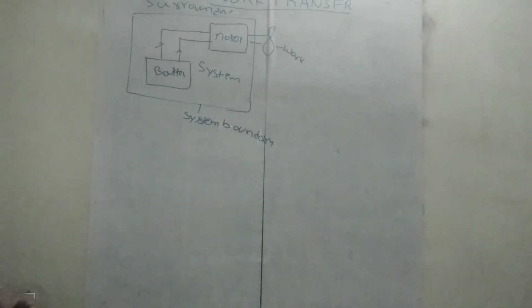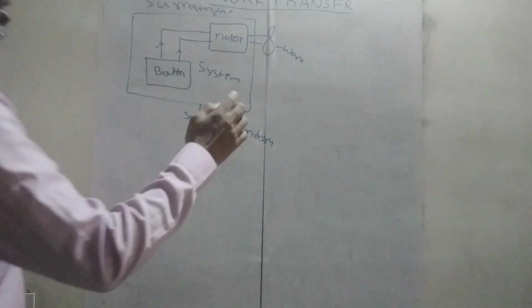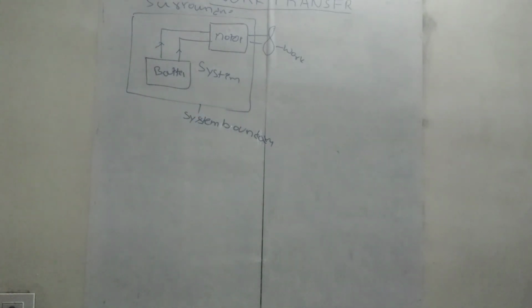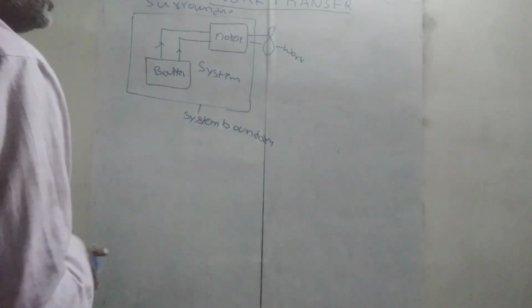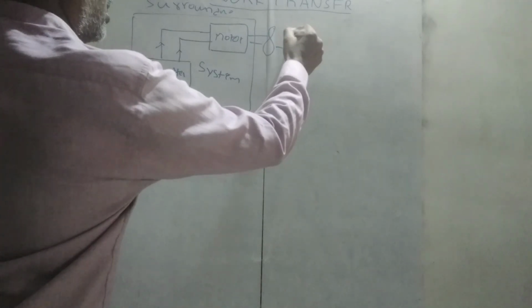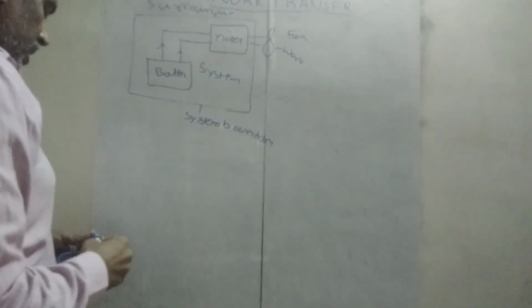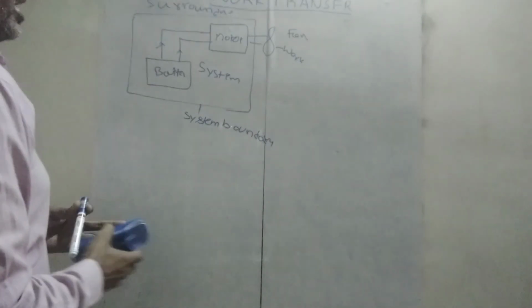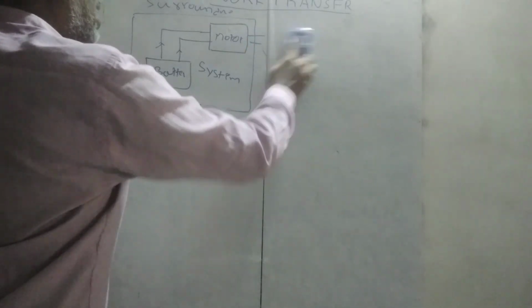Here the battery is trying to give some electric energy to the motor, and the motor is doing the work. Initially it is a fan, and we are getting work by the fan. The net effect of this fan is that we can raise some mass.